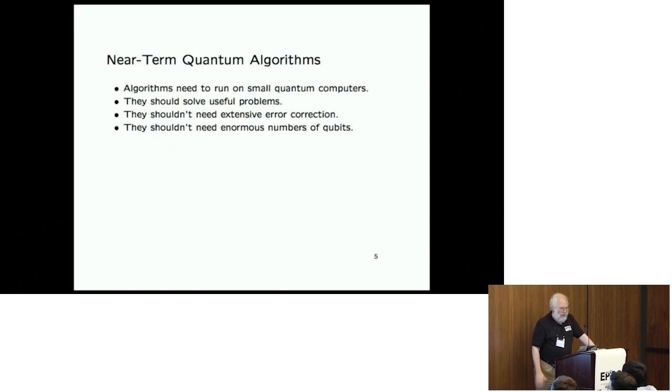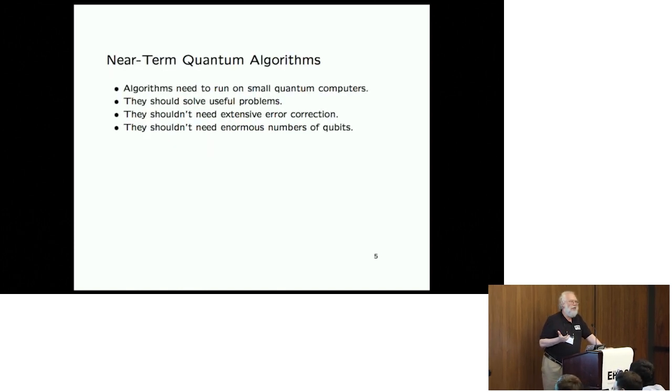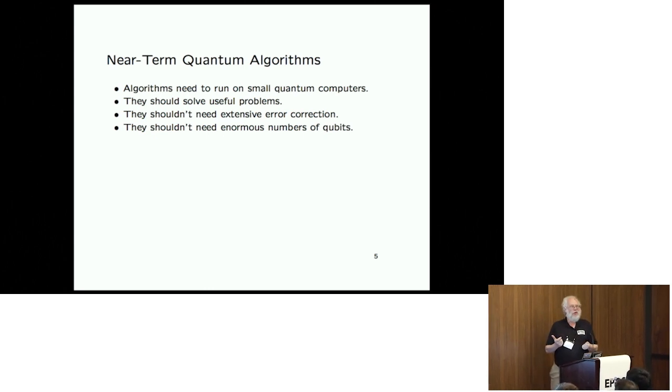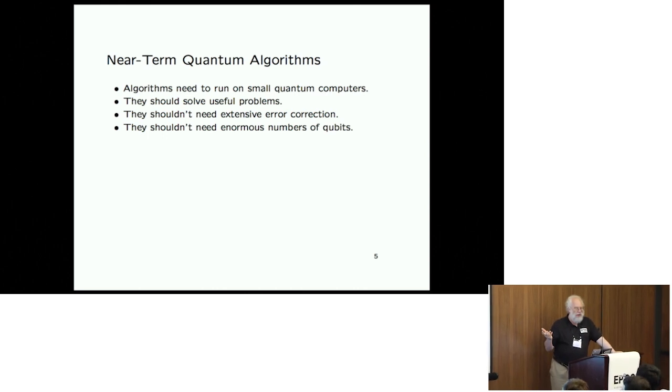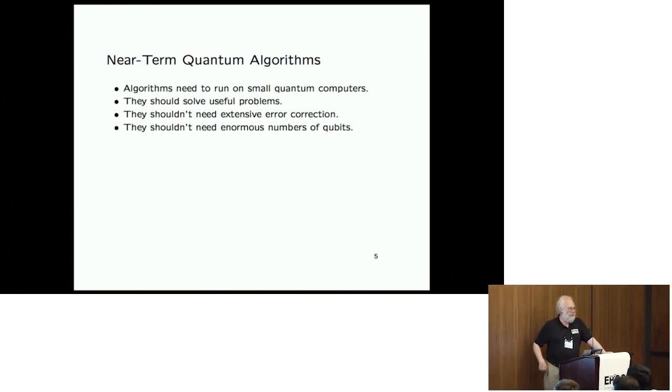So what we'd really like are near-term quantum algorithms, and particularly the people who are designing and building quantum computers would love to see near-term quantum algorithms that run on small quantum computers, solve useful problems, don't need enormous numbers of qubits, and don't need extensive error correction.